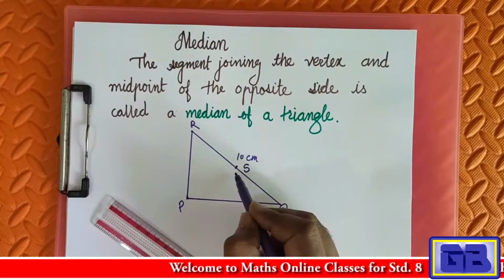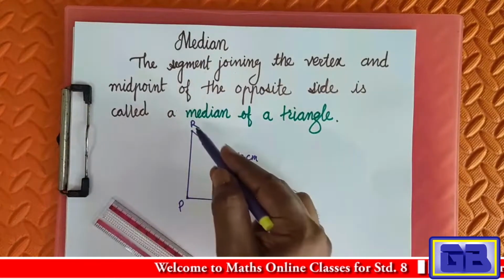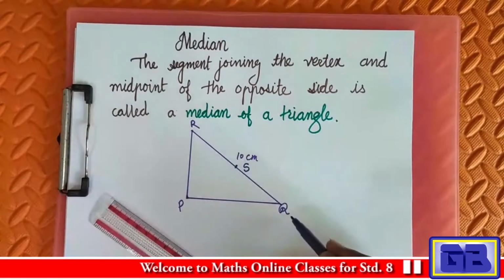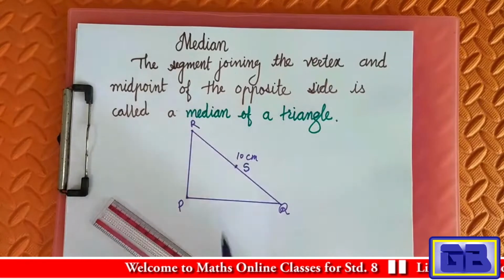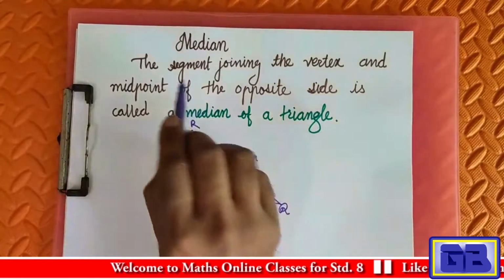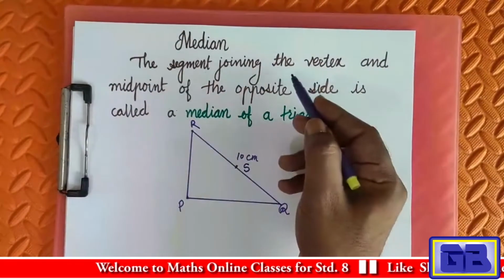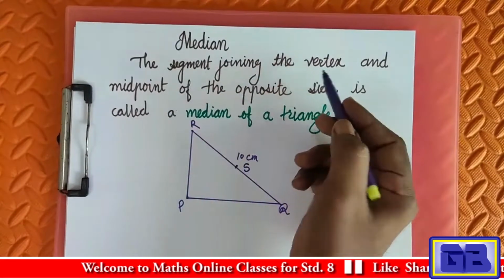So point S is the midpoint of this side RQ, and now we have to join a segment, the segment joining the vertex.